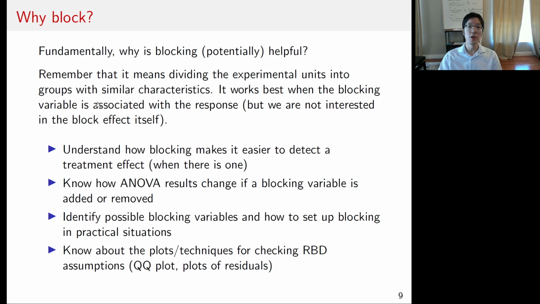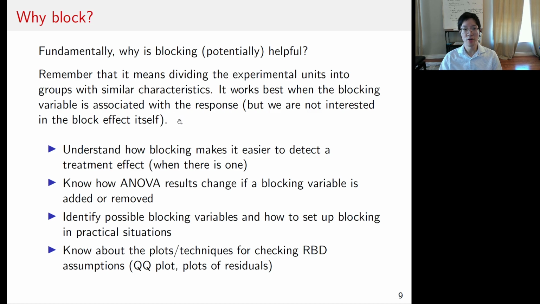Okay? And the reason we call it a blocking variable rather than a treatment is because it's not part of the experiment. We're not changing the input for the blocking variable, okay, but it's nonetheless associated with the response. And so generally we put it in to help explain the response, but we're not interested in particular in the block effect itself.